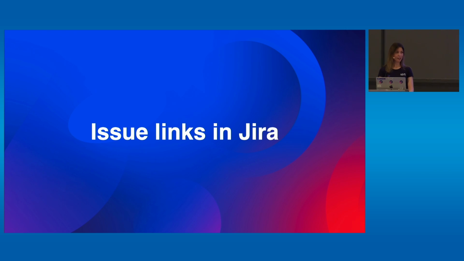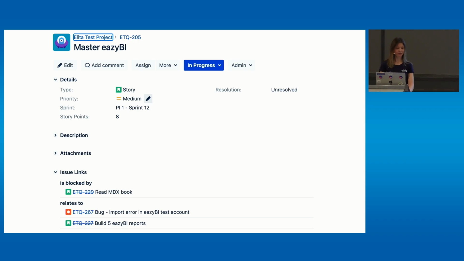So let's start with issue links in Jira. This is one of the examples in my Jira, and for someone that is new to issue link functionality, this is a very nice feature Jira has that allows you to structurize your work a little better. You can prioritize some tasks. You have a clear overview of your project.